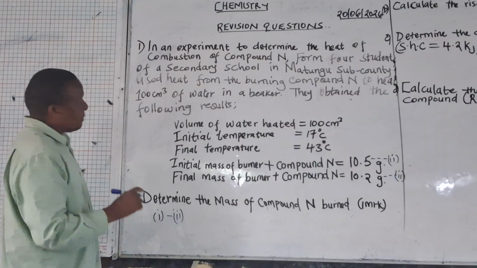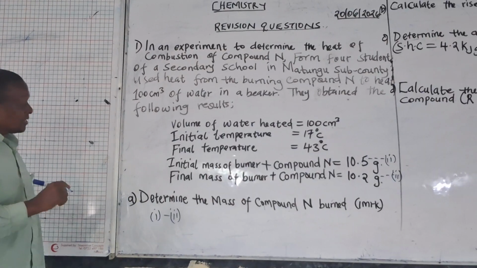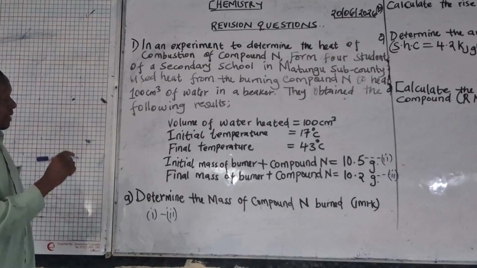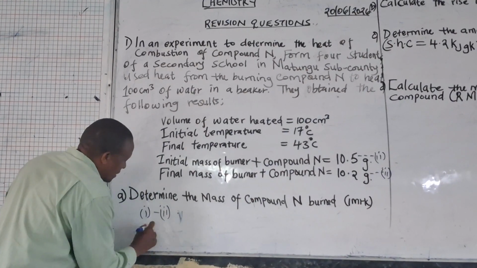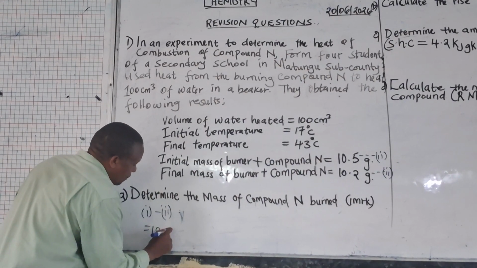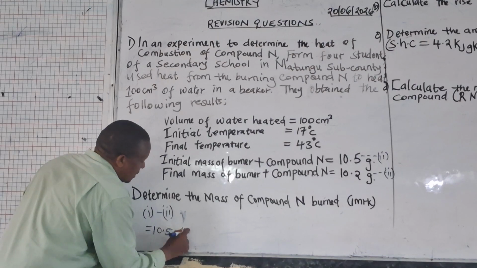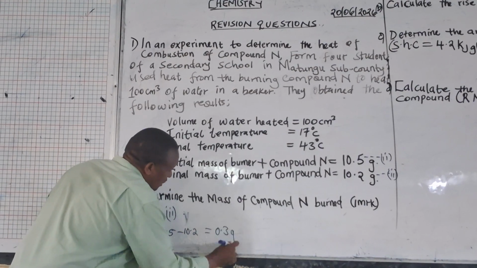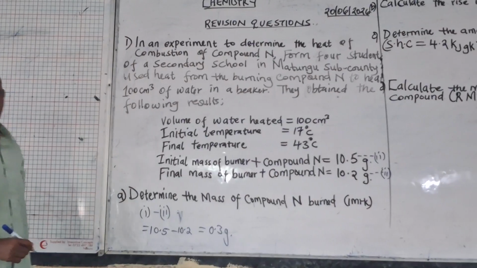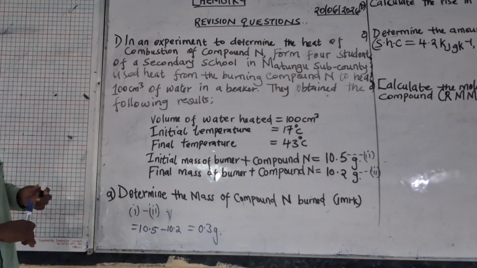That is, initial mass of the burner plus compound N less final mass of burner plus compound N, which is 10.5 less 10.2. This is going to give us 0.3 grams. Yes. Now we move to the next.